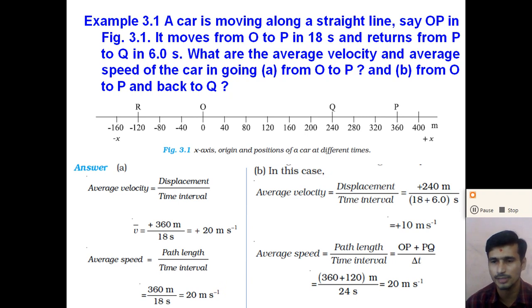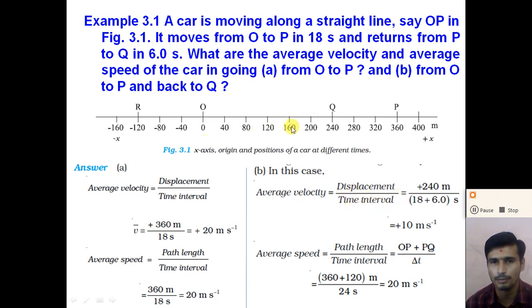So when the object travels in a straight line in the same direction, the average velocity and the average speed are the same. Now in the second case, when the object travels from O to P and P to Q, how do we calculate the average velocity? Average velocity is the displacement divided by time.